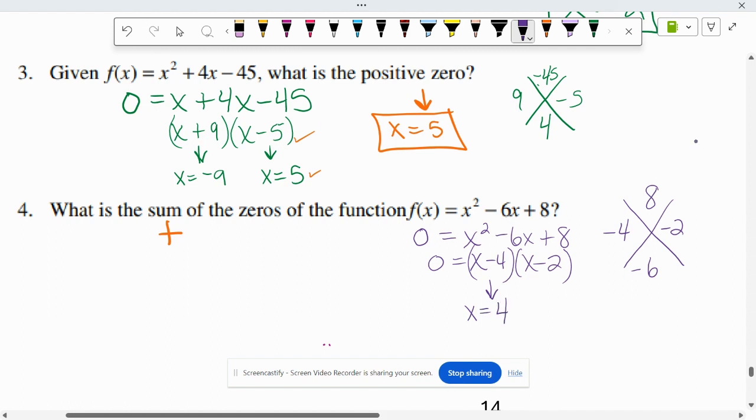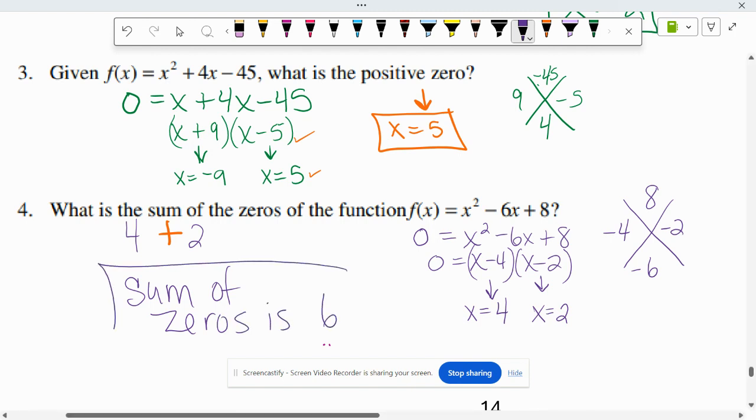It's x equals positive 4. If my factor is x minus 2, my root is x equals positive 2. We have to add those together because I want the sum. So what is the sum of my zeros? Yeah, the sum of the zeros is 6.